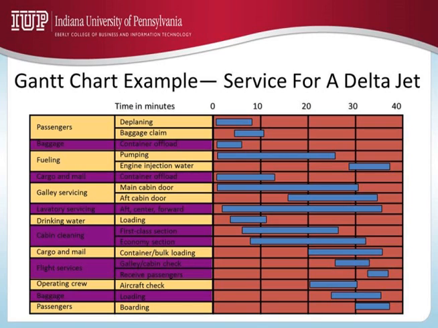As soon as the plane lands, within a minute, you can start deplaning, offloading the containers, pumping fuel, and servicing the main cabin door. The lavatory servicing we can start a little later, and you can also see that it is the longest activity.